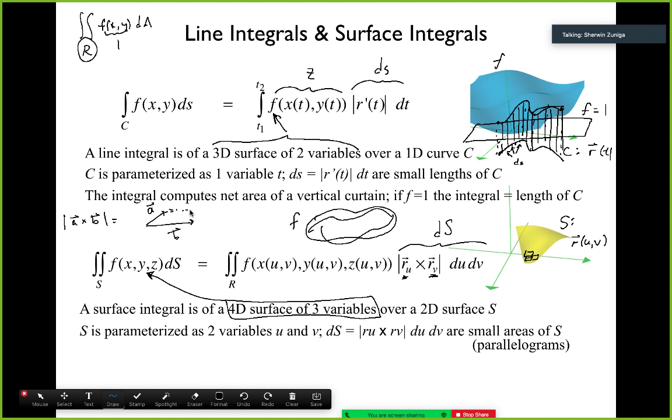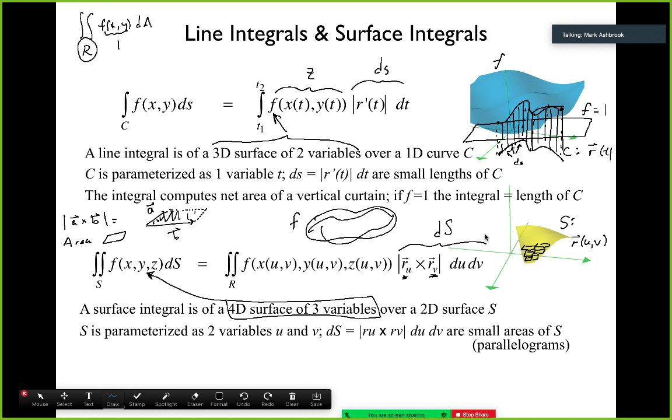This is the area of a parallelogram. Yeah, it's the area of that parallelogram you get from putting those two vectors tail to tail. So if you put A and B tail to tail, that forms a unique parallelogram. The magnitude of the cross product was the area of that parallelogram. And so we, in fact, use little parallelograms to model the surface, or try to recreate the surface one element at a time.